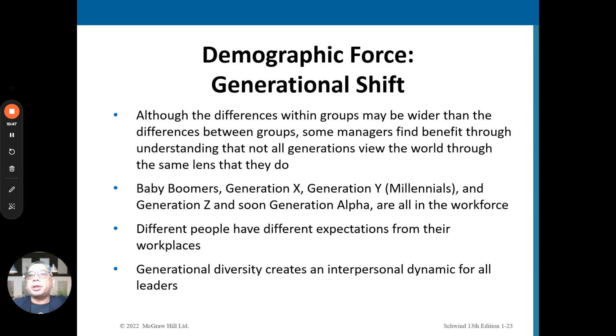Demographic shift, generational shift. Although differences within groups may be wider than between groups, some analysts find benefits in understanding that other generations do not view the world through the same lenses they do. For example, baby boomers, Generation X, Generation Y, Generation Z, and Generation Alpha are all in the workforce.